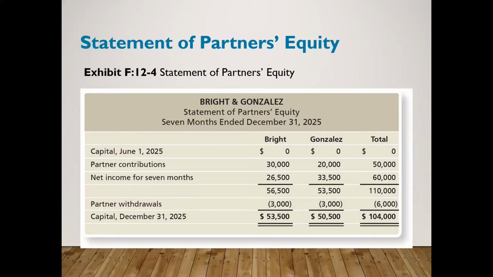Here you see Exhibit 12.4, which shows Bright and Gonzalez's statement of partners' equity, assuming that $60,000 net income is allocated based on service, capital balances, and stated ratio.